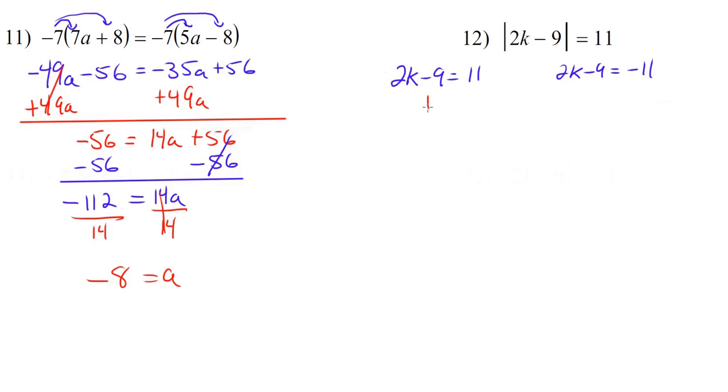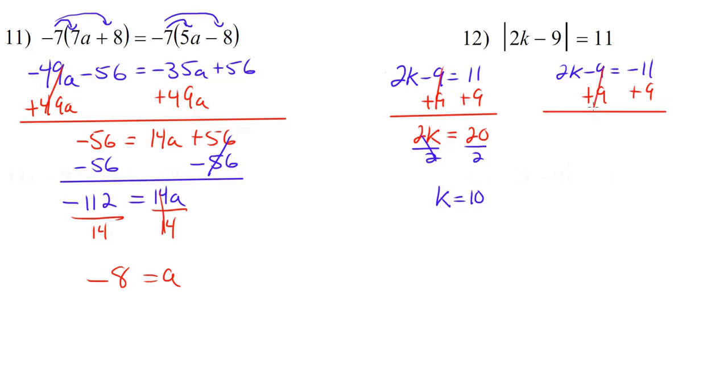In the first equation, we're going to add 9 to both sides. The 9's cancel out on the left, leaving 2k, and on the right, 11 plus 9 is 20. Then we divide both sides by 2, and we get k equals 10. Now on the other equation, again, we're going to add 9 to both sides.